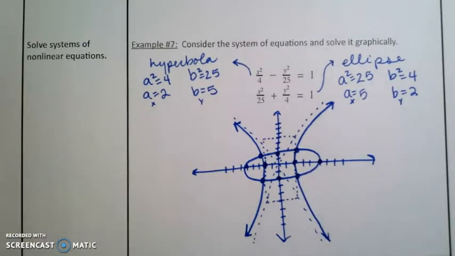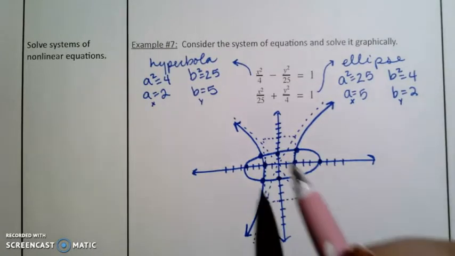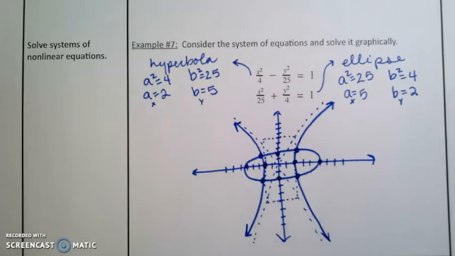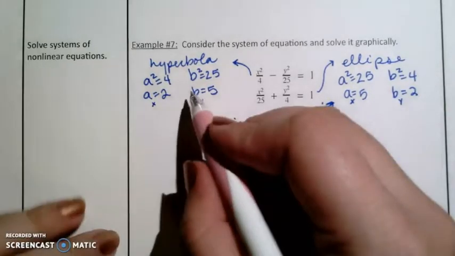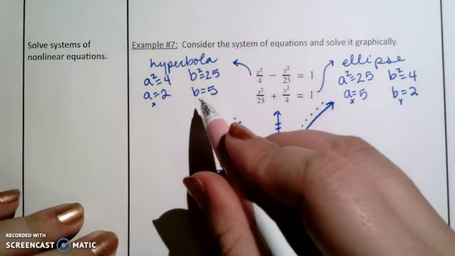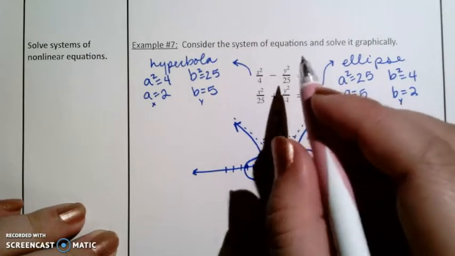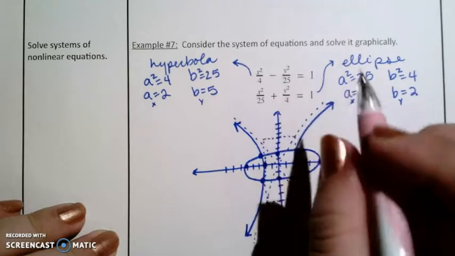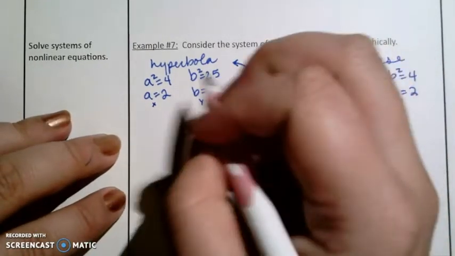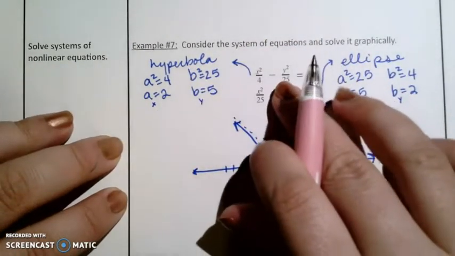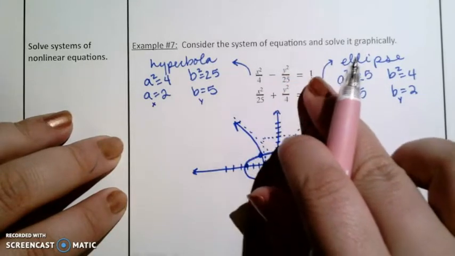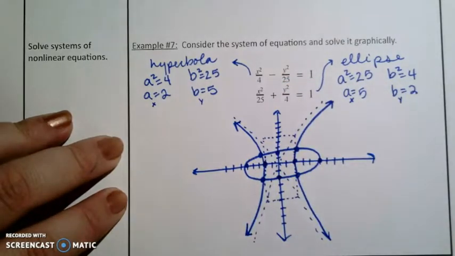Okay, and I'm going to do this in a black pen. So in order to find those points of intersection, I'm going to use my graphing calculator. And in order to graph this, I need to put it into explicit form, so I need to solve for y. I will start by subtracting 1 and adding y squared over 25 to both sides.